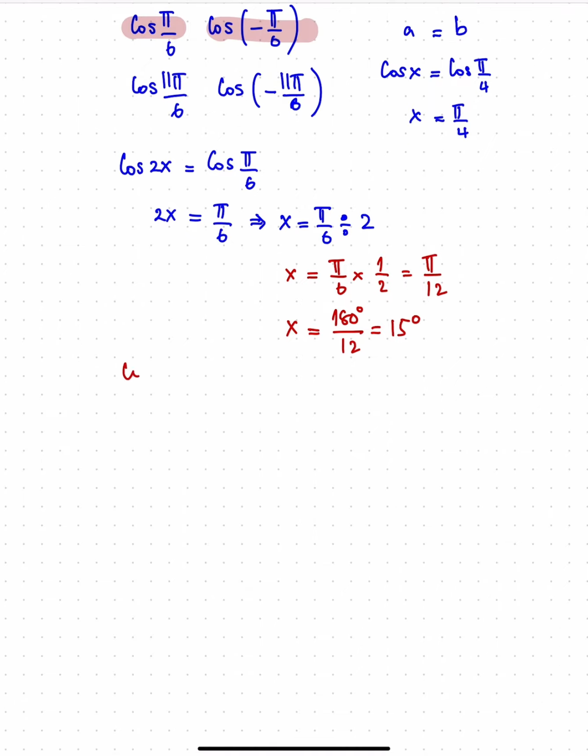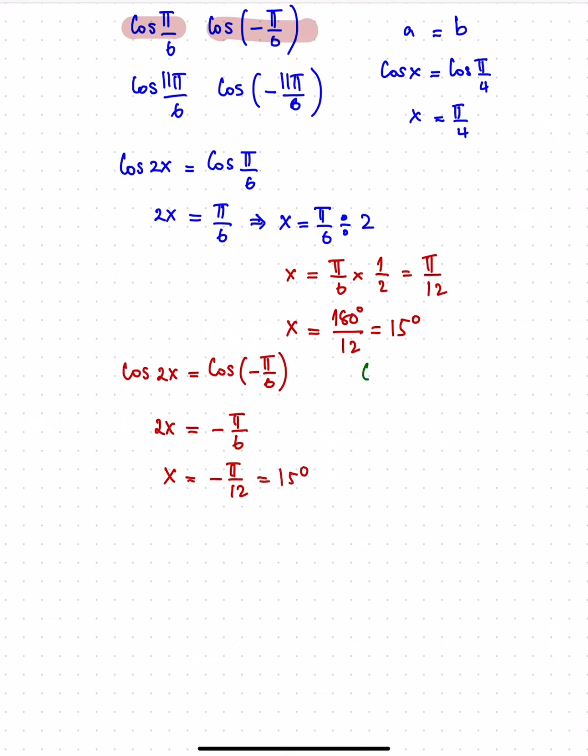The second case is cosine of 2x equal to cosine of negative pi over 6, so 2x equals negative pi over 6, and x equals negative pi over 12, which is negative 15 degrees.